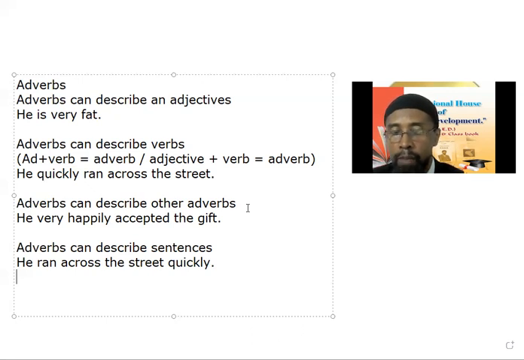I modified both the subject and the verb, which are the two main parts of the sentence, the subject and the predicate. So again, it's natural for that man to run quickly.